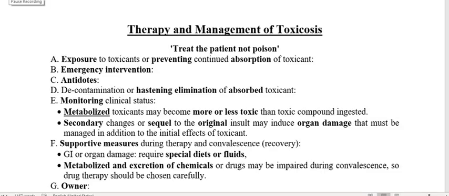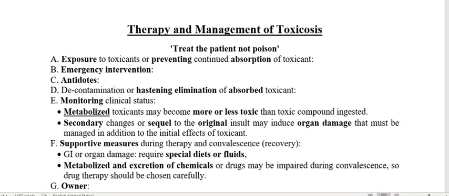So let us start the general line of treatment for poisoning, or therapy and management of poisoning or toxicosis. In this, we are going to treat the patient, not the poison or toxicant. This is very important.